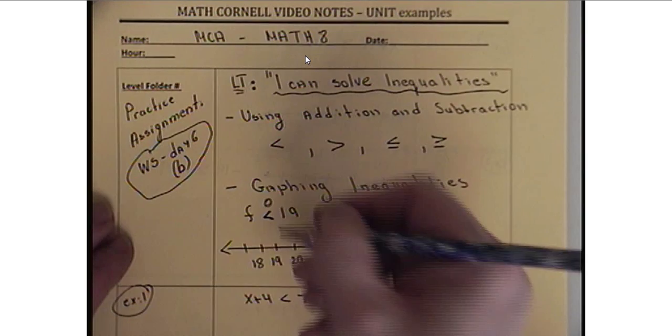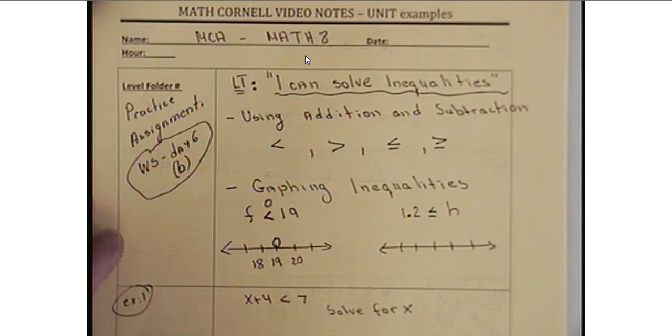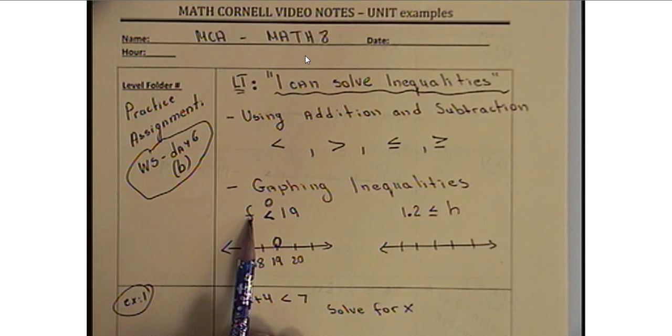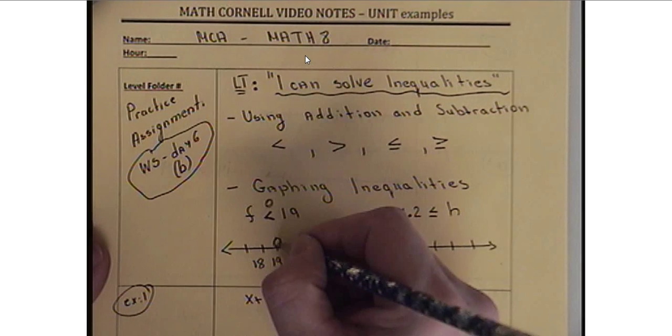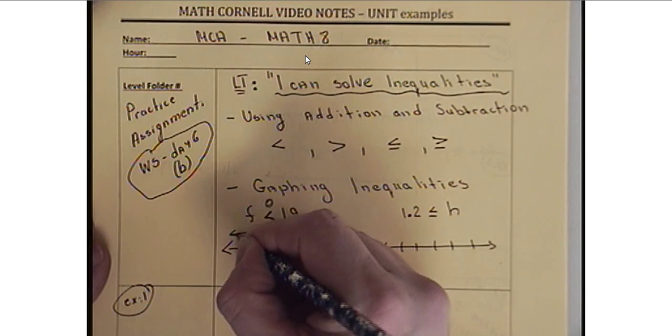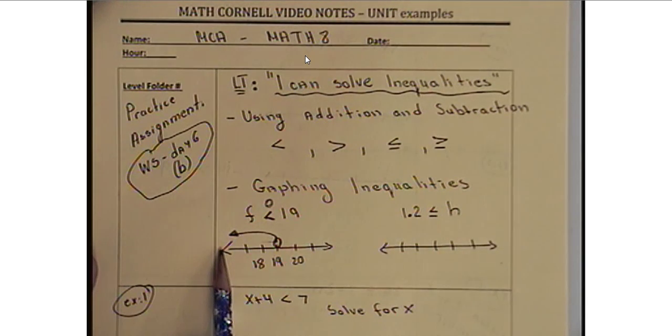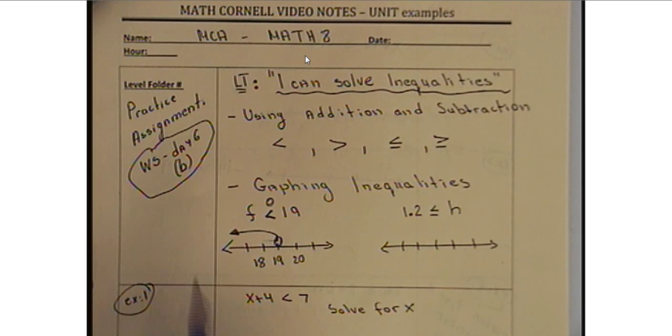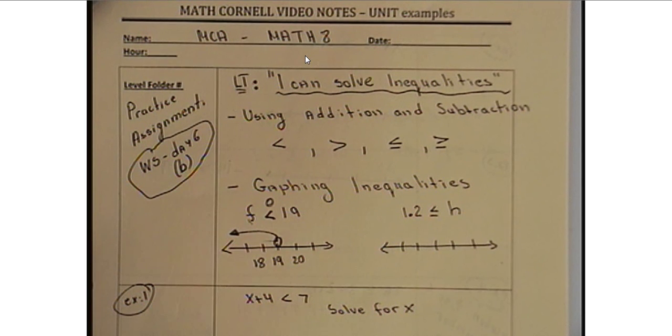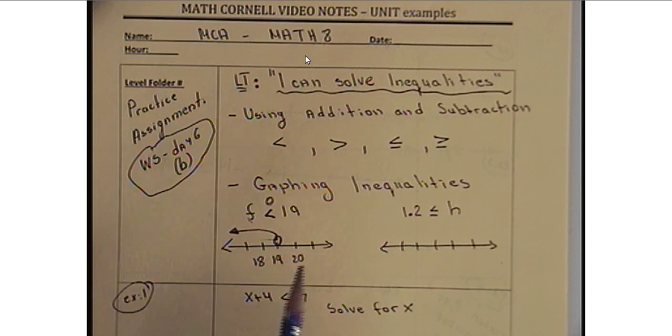Put this open circle on top of 19. And if the variable is less than 19, it means we're gonna go in this direction, because you guys know that any number going to the left of the circle will be numbers less than 19. And we're done with the graph.